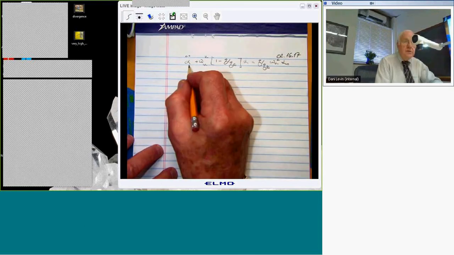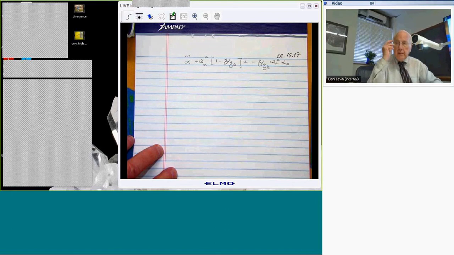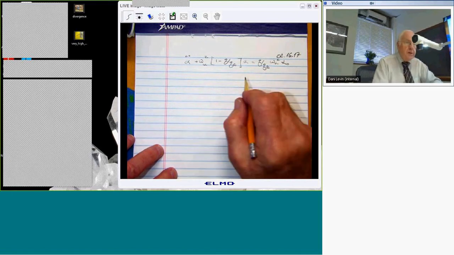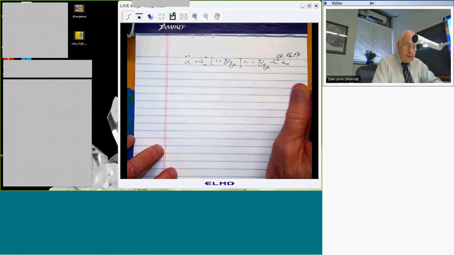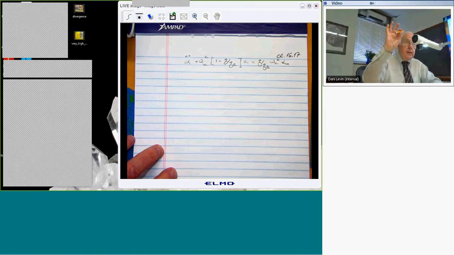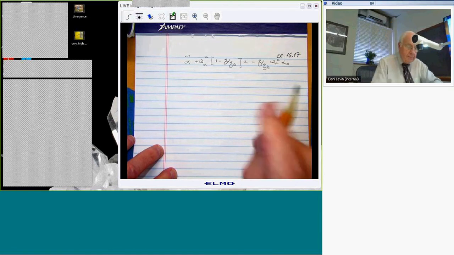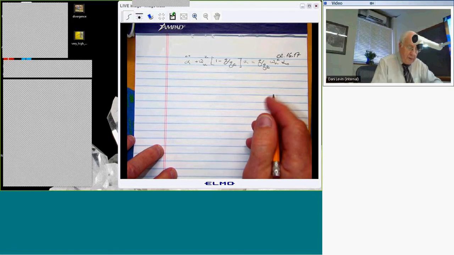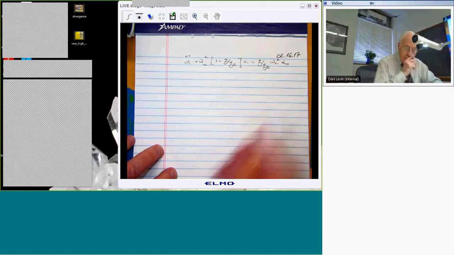So remember, alpha is the twist of this spring in our spring model. Alpha naught is some initial angle which distinguishes between the twist angle per se and the angle that the airfoil makes with respect to the flow.